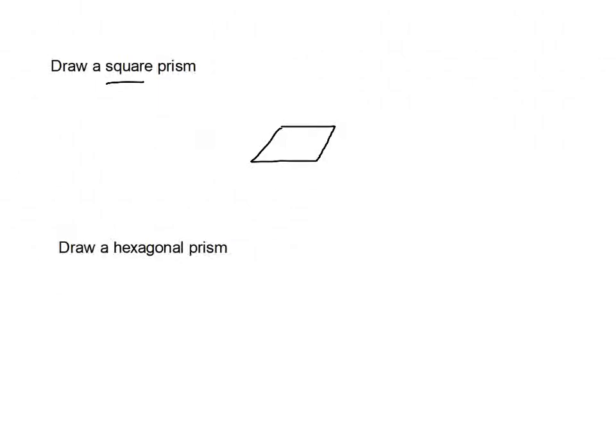You do one like that, and then you do another matching one right above it. Try to make it match and line up the same way, because then you're going to join all the corners. If it's something in the back that you can't really see, we typically will dash that. Okay, there's my square prism.